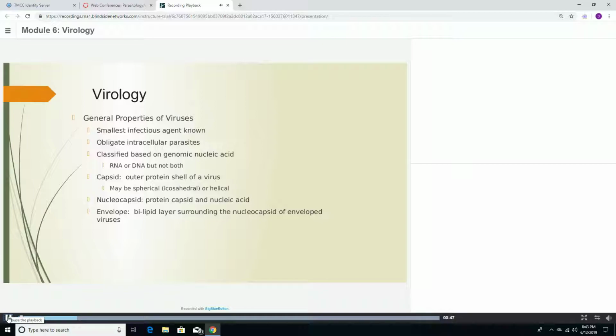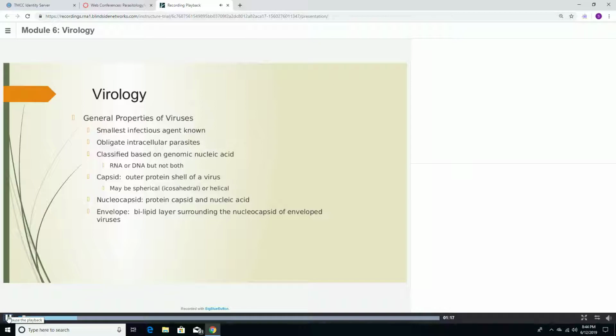Virology is the study of viruses. That speaks for itself because of the name. Viruses are obligate intracellular organisms, and they're some of the smallest infectious agents known to mankind. They range in size from as small as 20 nanometers up to 300 nanometers in diameter.